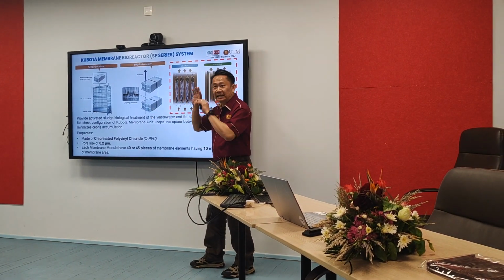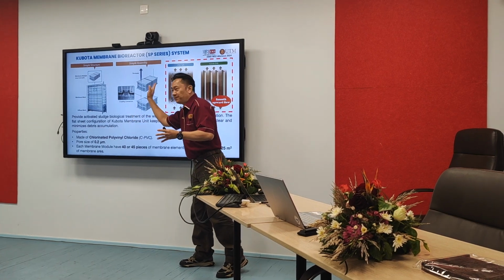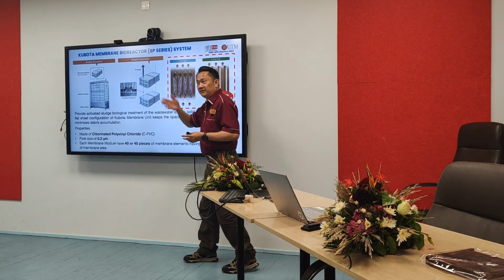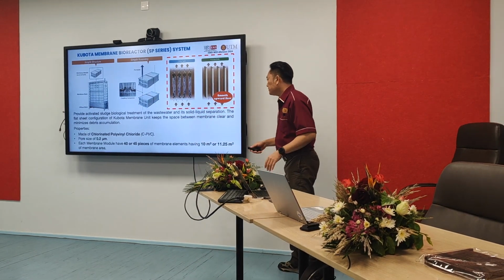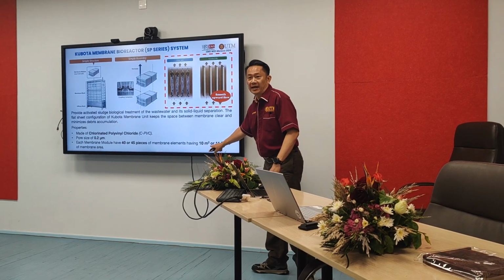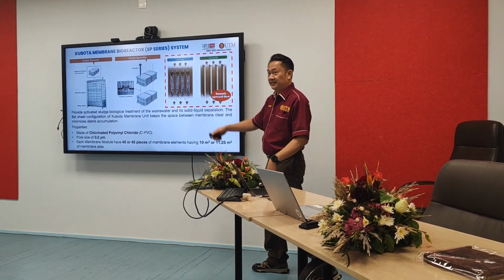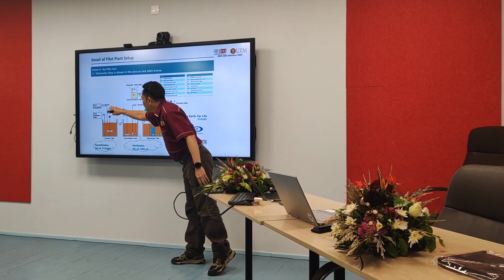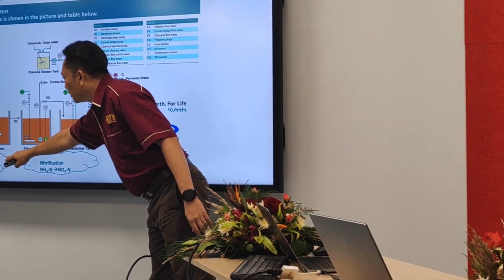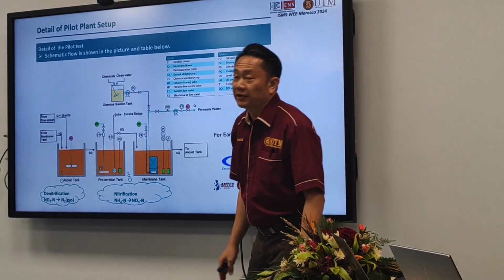Later it becomes clear. They have pieces of membrane inside. They have 41 cartridges, so it's about 10 square meters of area per cartridge. After the fine screen, water coming in goes through what we call the denitrification process.